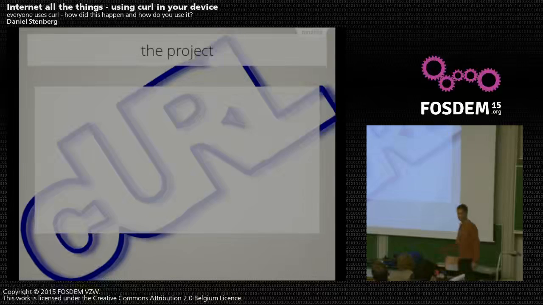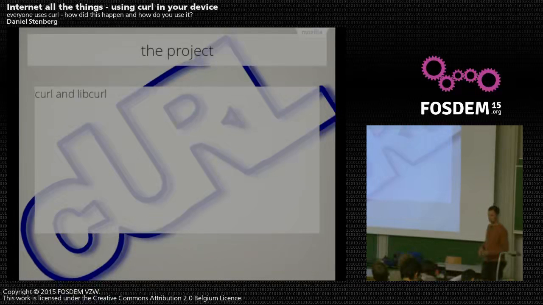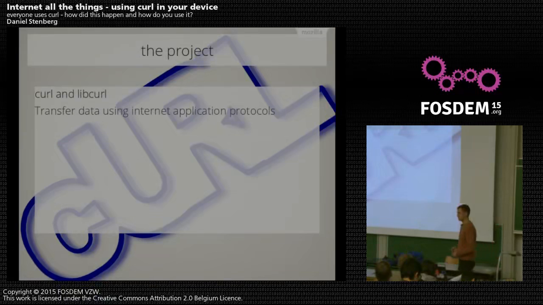So we have a curl project. We do curl and libcurl. Curl is the command line tool, libcurl is the library. Small and tiny things. We transfer data, internet application data, back and forth. That's what we do. We provide these. They're stable.